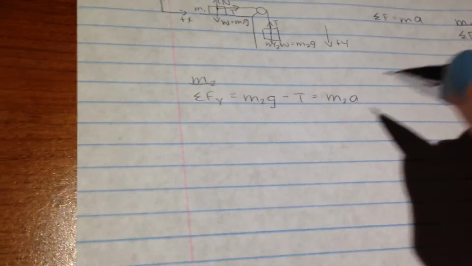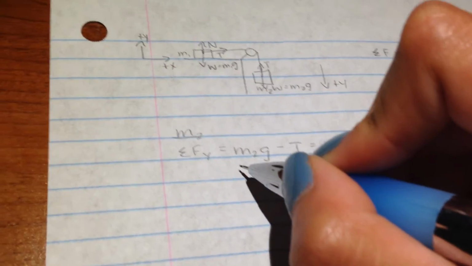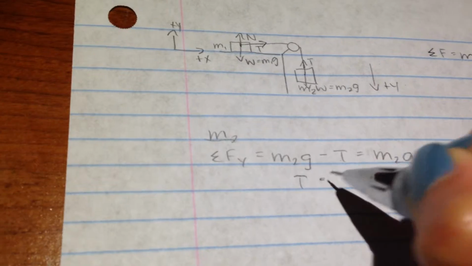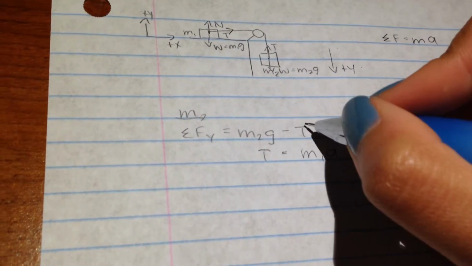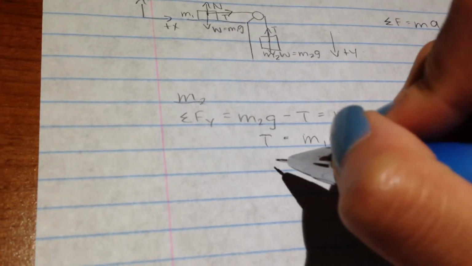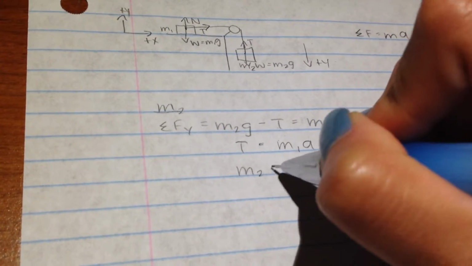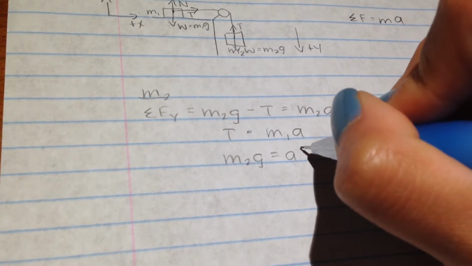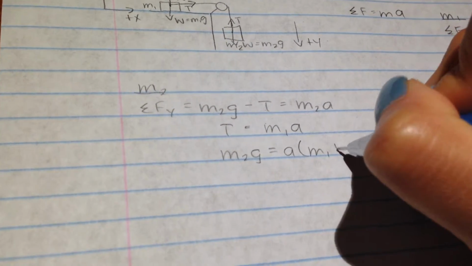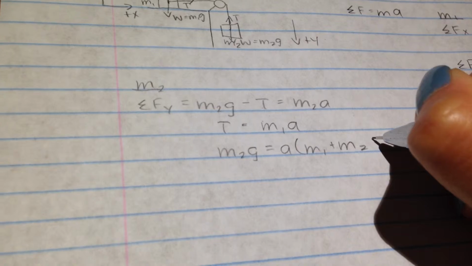So it would be T equals m1a, and then the tensions would cancel, leaving m2g equals acceleration times mass 1 plus mass 2.